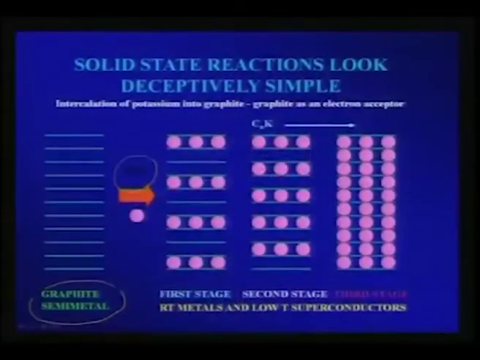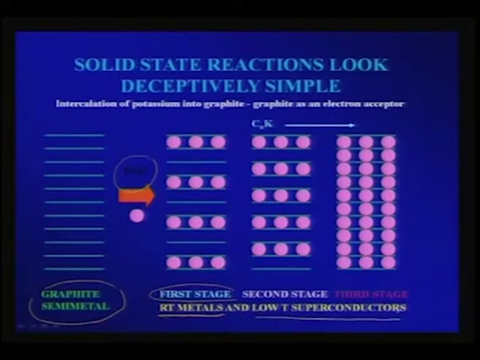The potassium ions get intercalated between the graphitic sheets, and in the first stage they selectively occupy at random. Then as you keep on increasing the concentration of the potassium ions, you would see they go from room temperature metal all the way up to low temperature superconductors.